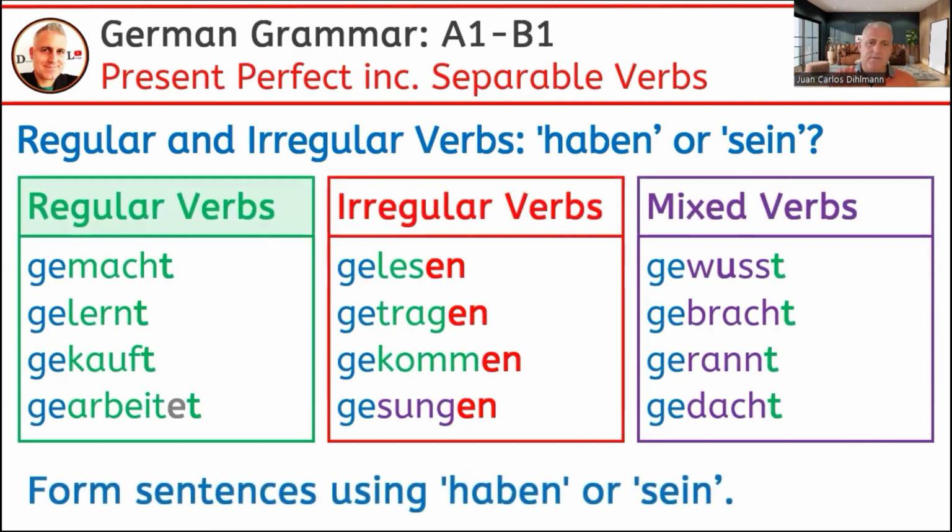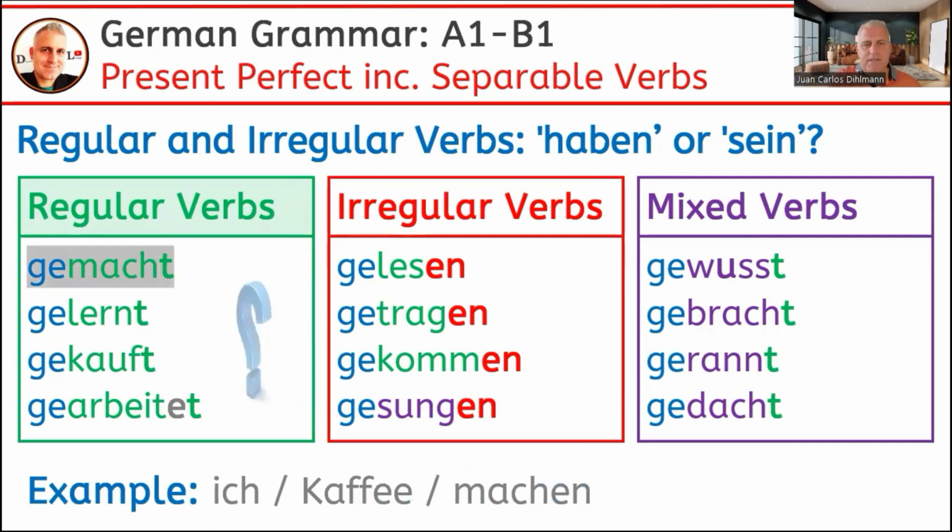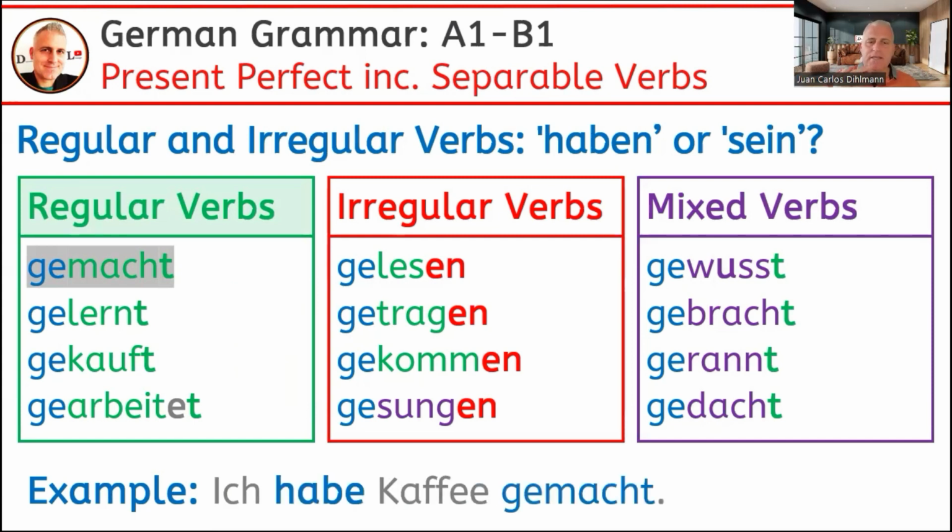The task is form sentences using haben or sein. Example, ich Kaffee machen. Of course, this is not a sentence, but please form a sentence with those words. What could it be? The solution is, ich habe Kaffee gemacht.